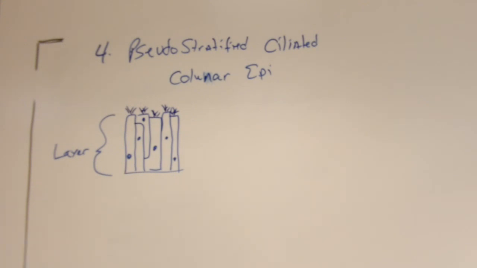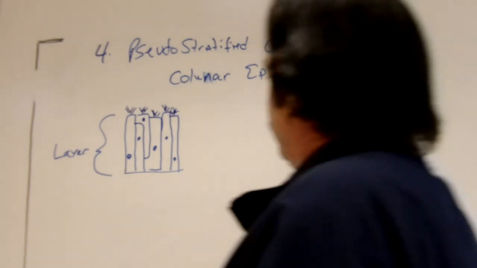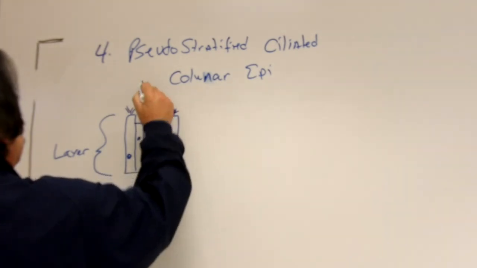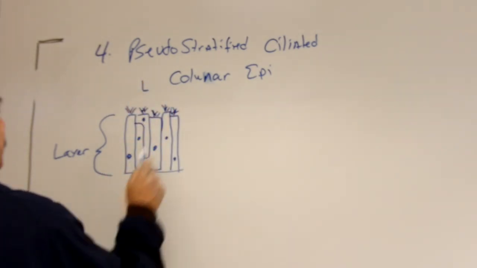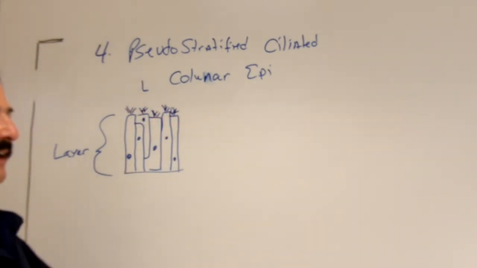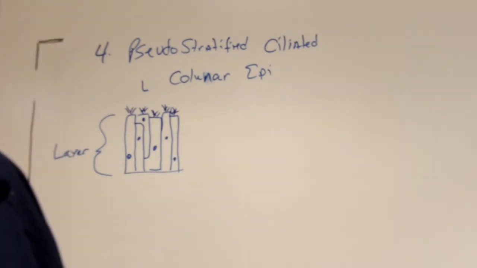Where do you find pseudostratified, ciliated, columnar epithelium? According to our textbook or our lab book, it's found in the trachea. So the lumen of the trachea is right here. And you have this cilia. What is that for? Well, let's go back over to our slide.